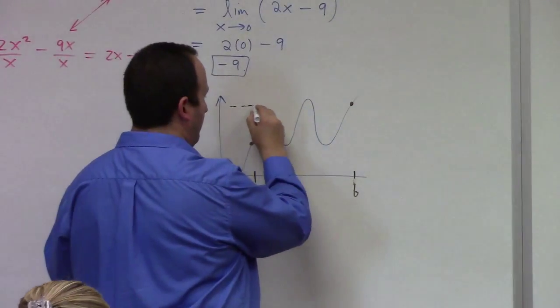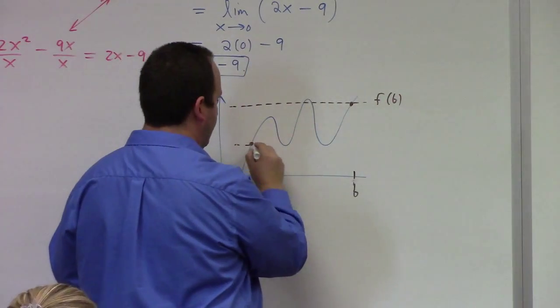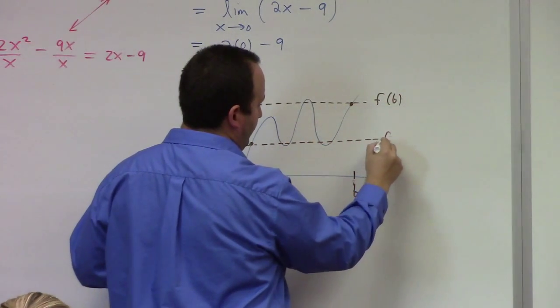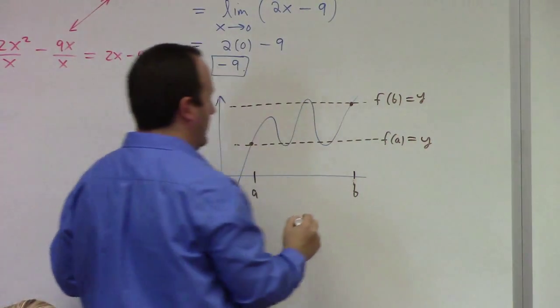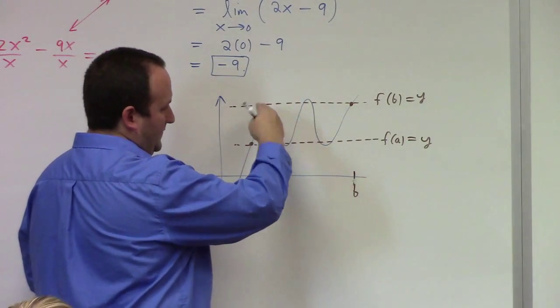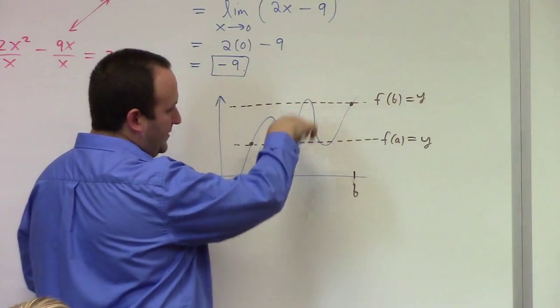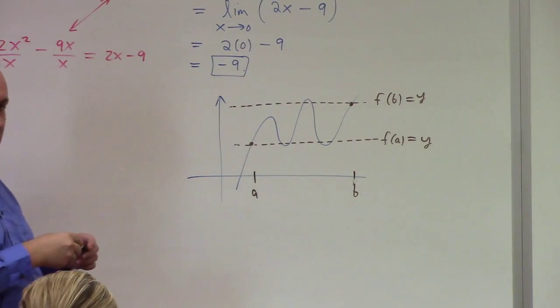So, the function can escape this band. It can go above and below f of b and f of a. The intermediate value theorem doesn't have anything to say about that.